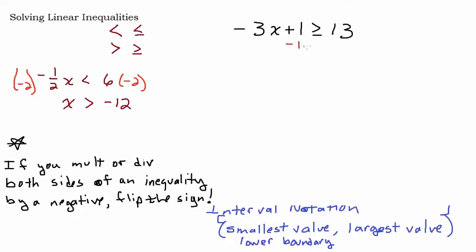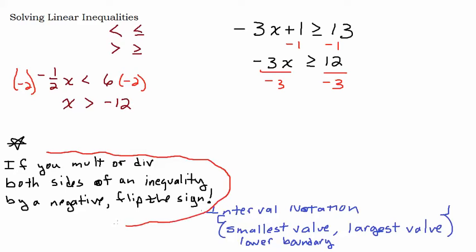Well, we would start by subtracting 1. Okay, no problem. Just leave everything how it is. Leave that as a greater than or equal to, and that gives us 12. Now I'm dividing by a negative 3. Ding, ding, ding. I have to remember this right here. If I multiply or divide by a negative, I have to flip the sign. So I'm going to change this to x is less than or equal to negative 4.